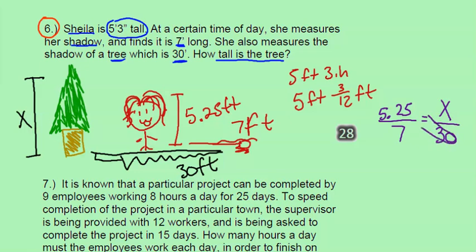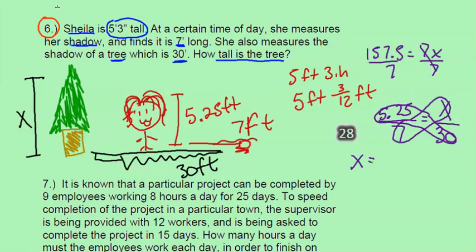From there, we could cross multiply. So 5.25 times 30 is 157.5. And then we have equals 7 times x. Divide 7 on each side. So you get the height of the tree is x equals 22.5 feet.